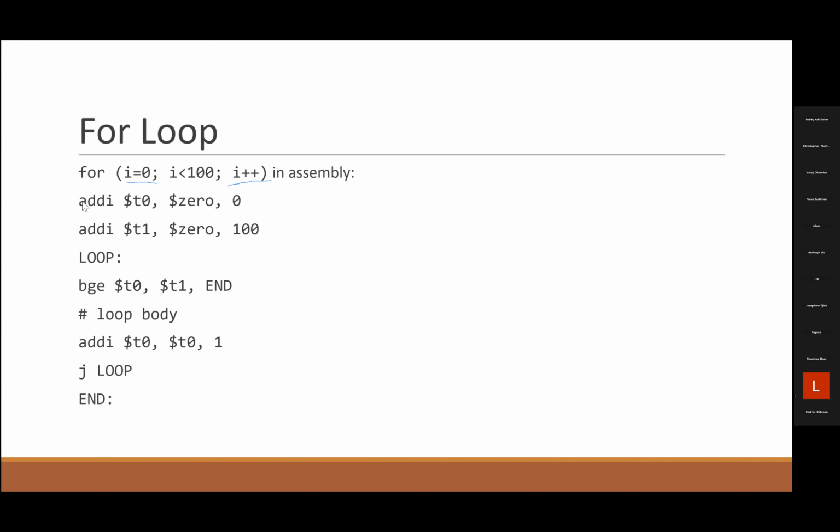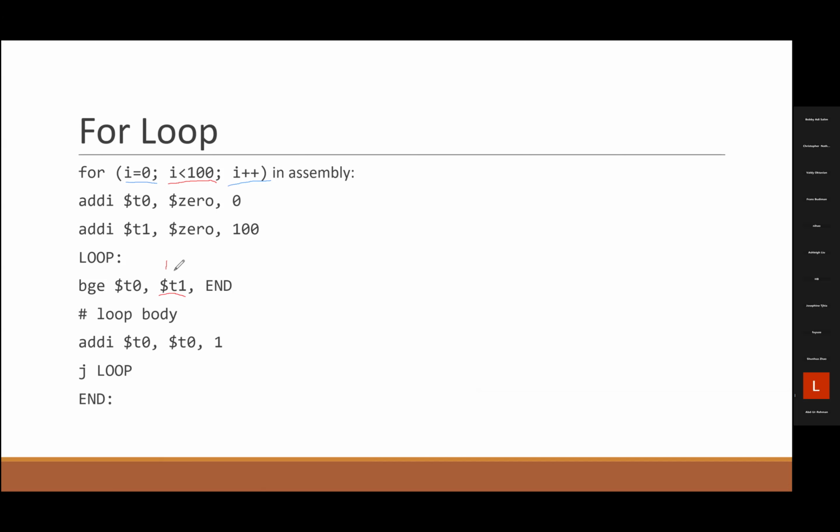So here in our example, we will initialize t0 to 0 first and initialize t1 to 100 for the comparison. And if the middle part of the for loop is not satisfied, we'll break out of the loop. So we'll branch to n if t0 is greater or equal to t1.